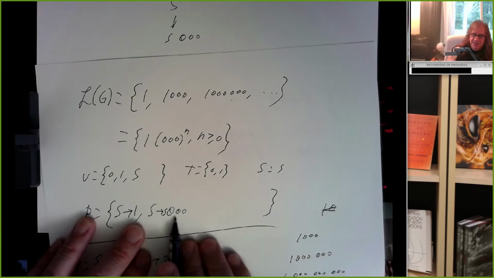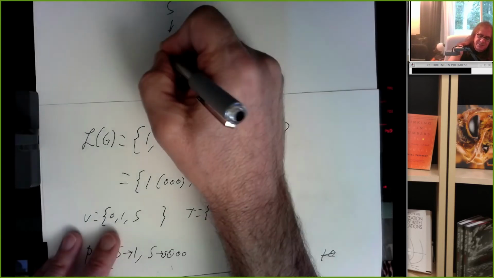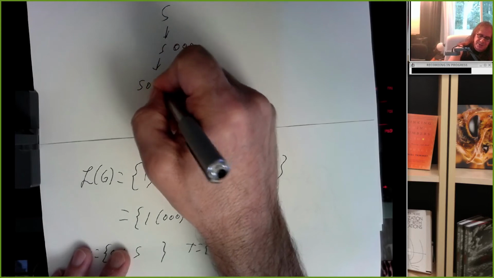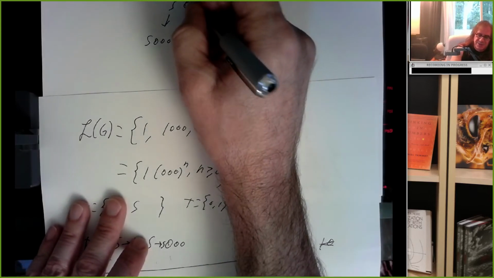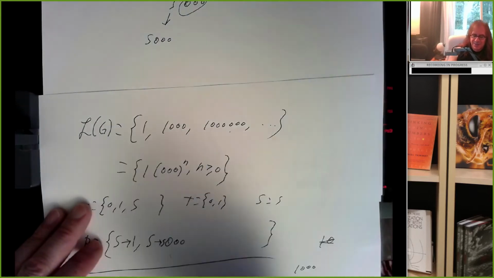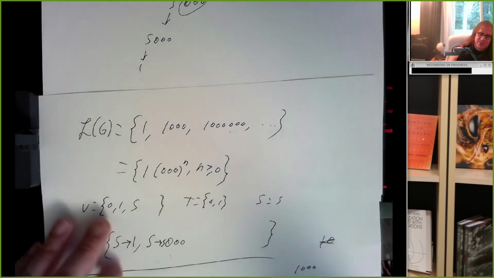And this rule says S can be changed into an S followed by 3 zeros. And we've still got these 3 zeros at the end. I gotcha. And that, I see, says now S can be changed into a 1.